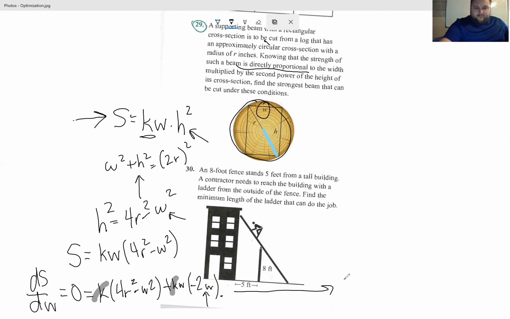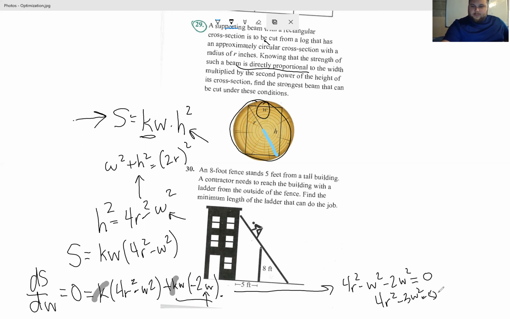So then I have 4R squared minus W squared minus 2W squared, which comes from this, is still equal to 0. Or 4R squared minus 3W squared equals 0.